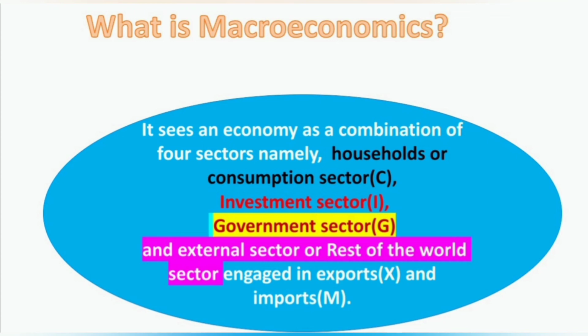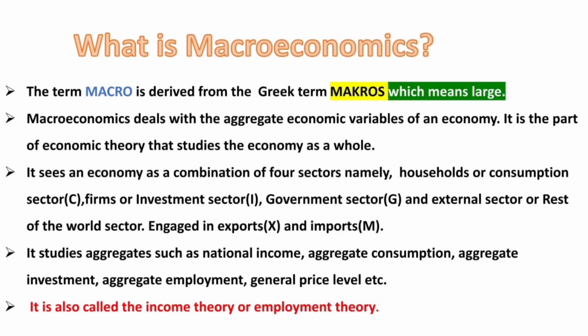macroeconomics in detail. What is macroeconomics? It is the study of economy as a whole. It is a combination of four sectors, C plus I plus G plus X minus M, where C is equal to the consumption sector or household sector, I is equal to investment sector, G is equal to government sector, and the external sector, net exports X minus M, rest of the world sector.